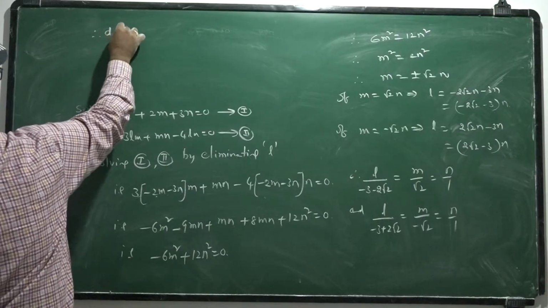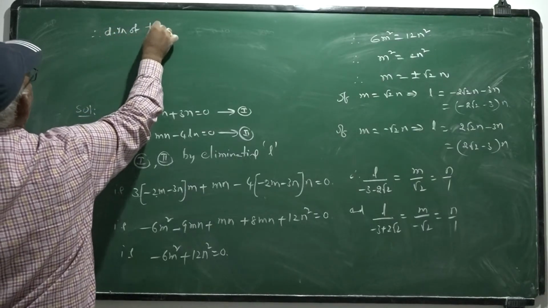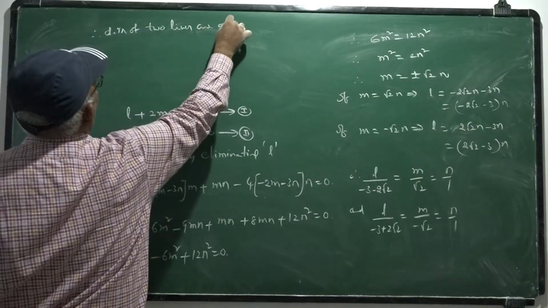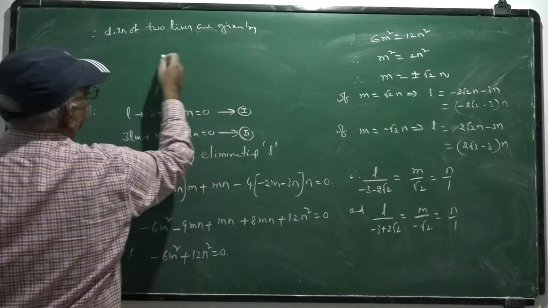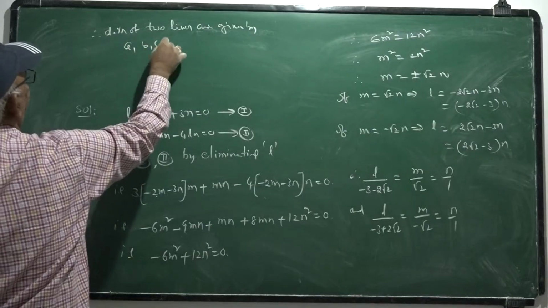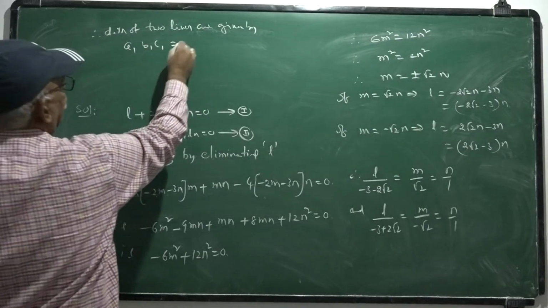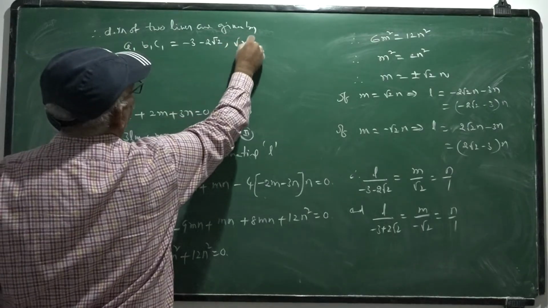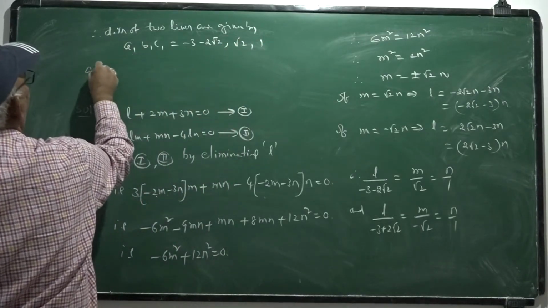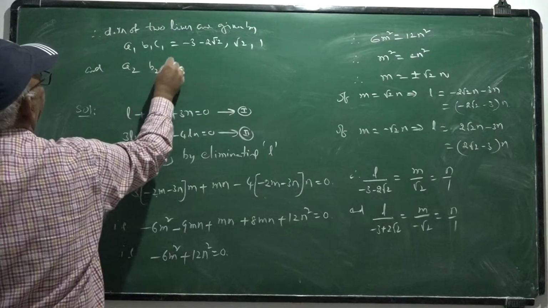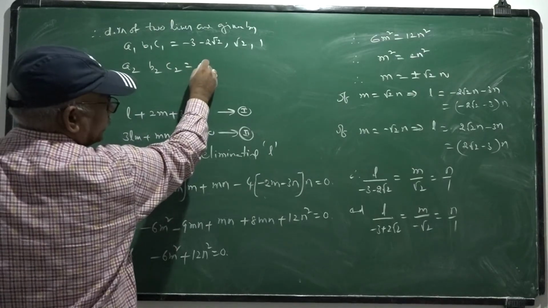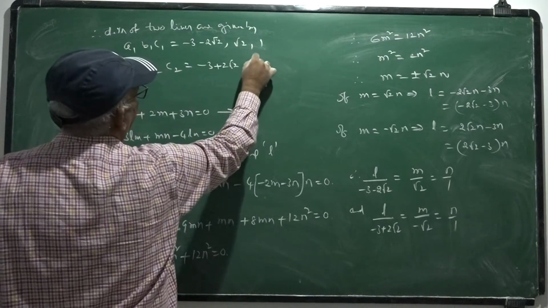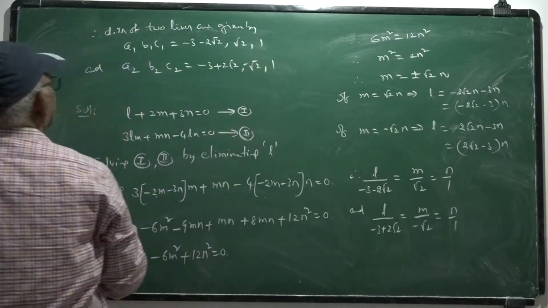Therefore, the DRs of the two lines are given by a1, b1, c1 equal to (minus 3 minus 2 root 2), root 2, 1, and a2, b2, c2 are given by (minus 3 plus 2 root 2), minus root 2, 1.